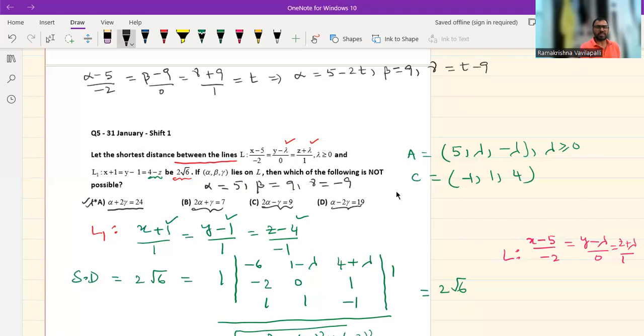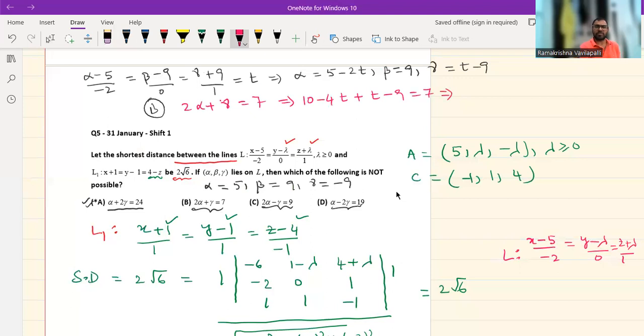Now let us see the first option. First option anyway is not possible. Second option, option B, that 2 alpha plus gamma equal to 7. So this implies 2 alpha is nothing but 10 minus 4t plus gamma is nothing but t minus 9 equal to 7. So is there any possible value of t?